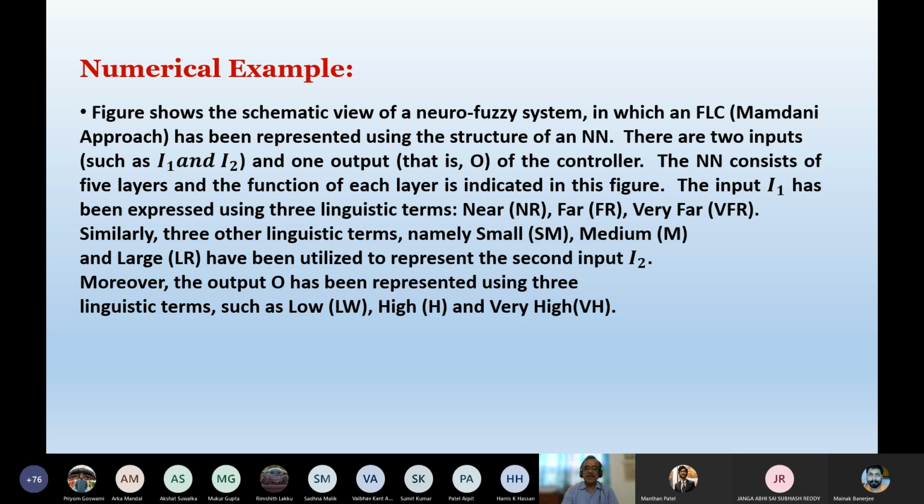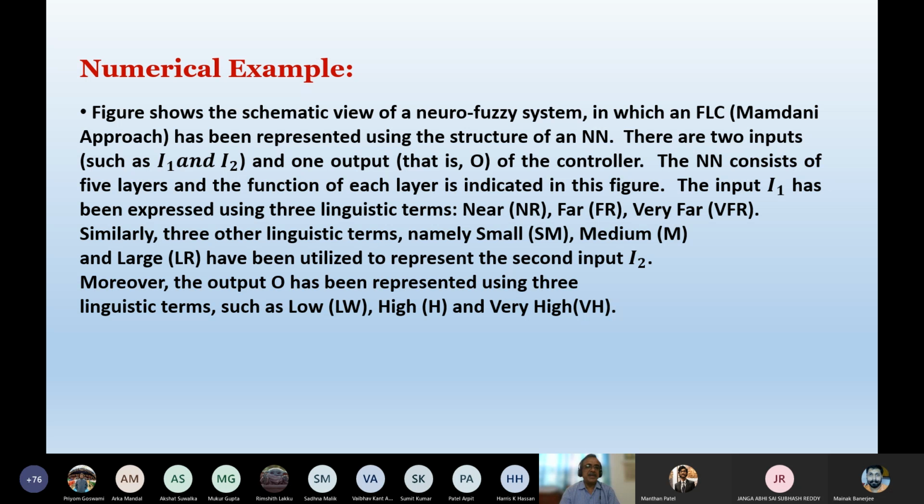The input I1 has been expressed using 3 linguistic terms: near, far, very far. Similarly, 3 other linguistic terms, namely small, medium, large, represent the second input, I2. Moreover, the output O has been represented using 3 linguistic terms: low, high, and very high.